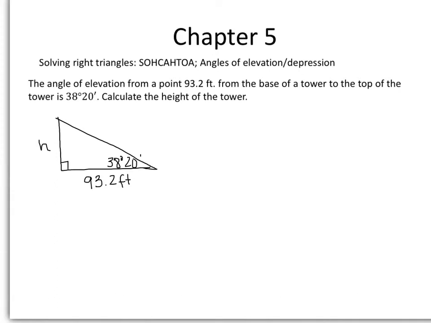This is a basic right triangle. We have opposite and adjacent, which means that we're using tangent. When I rearrange, that means I multiply both sides by 93.2.